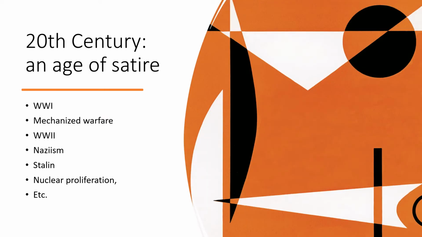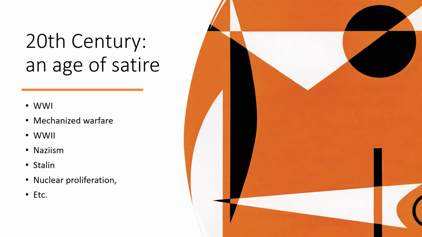World War I was a mess, created terrible suffering, and resulted in great confusion. Mechanized warfare, which became common then, destroyed many lives for very little purpose. World War II saw the internment and decimation of a race. Nazism was part of that.